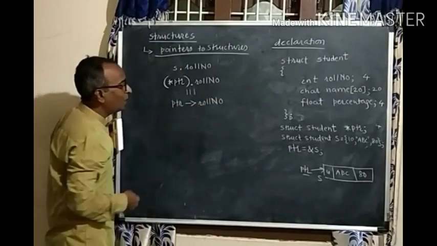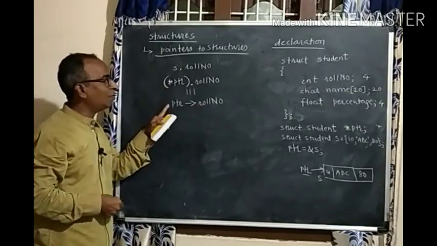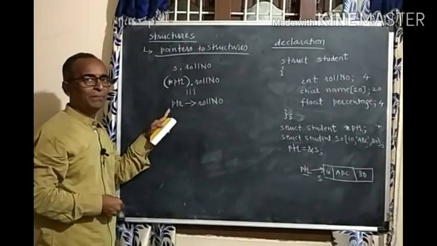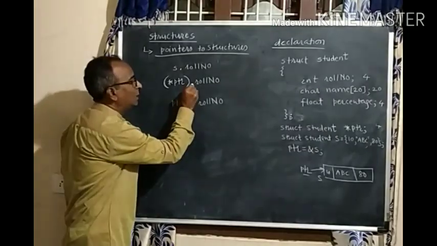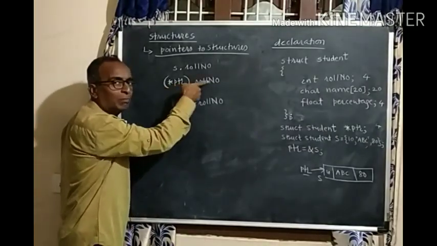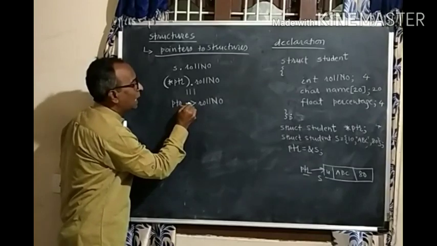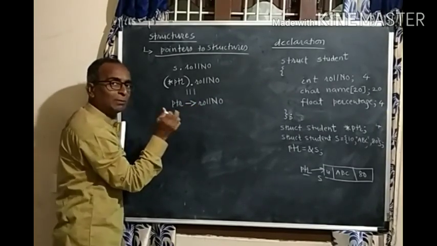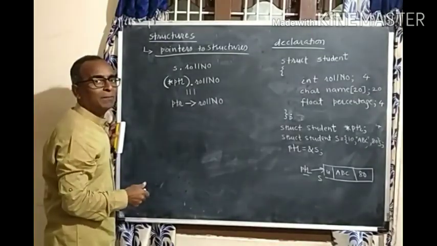Now this way also you can access. These are equivalent. Instead of this complex way, the dash and greater-than symbol without space form one operator, the arrow operator.